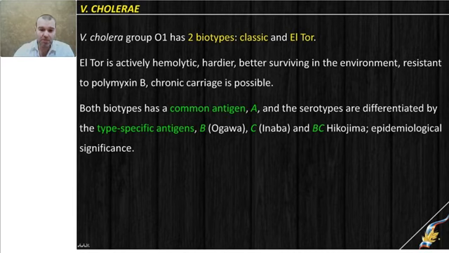If A and B antigens are present, it is Ogawa. If A and C antigens are present, it is the Inaba serotype, and rarely we can have all three types of O antigen, A, B, and C, and that serotype was called Hikojima. Again, it is important in identification and in epidemiology, but in clinical practice symptoms are not really different.